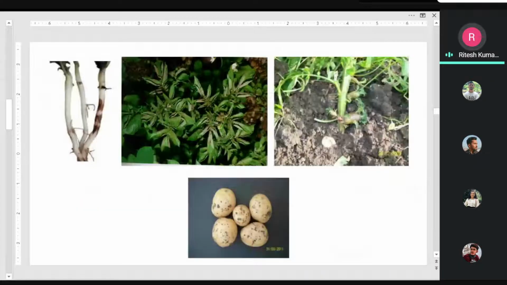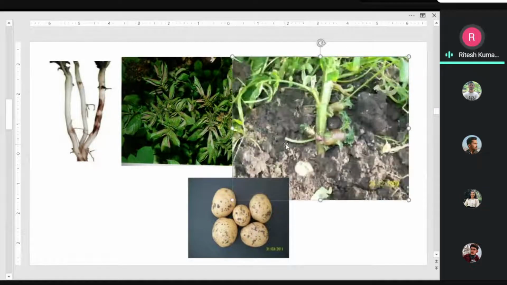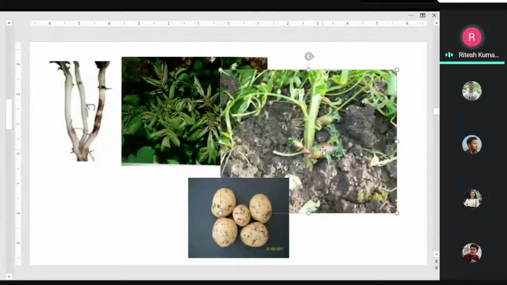Some more photographs. These are the lesions on the growing sprout on the lower stem. Some wilting may also be seen as a result of the stem cankers. Sometimes when the infections are very severe, adventitious potato tubers may be found.